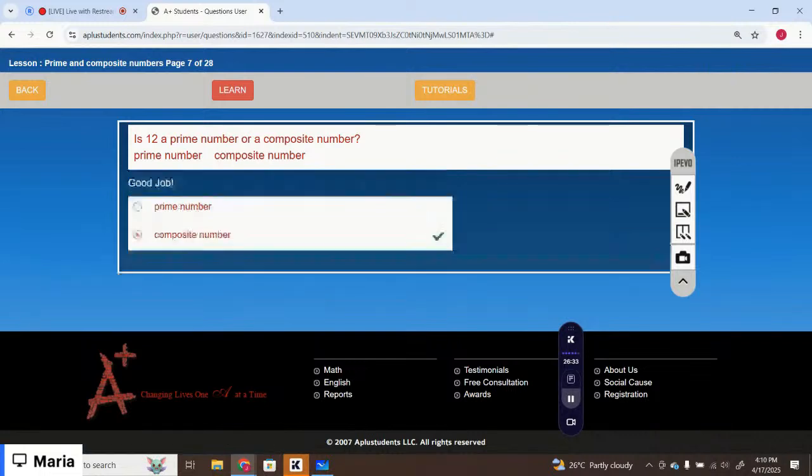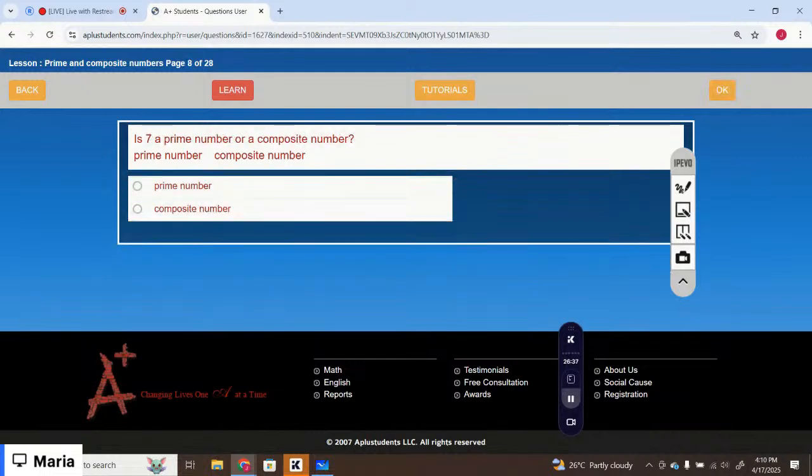Option number 2 is the correct option. Is 7 a prime number or a composite number?